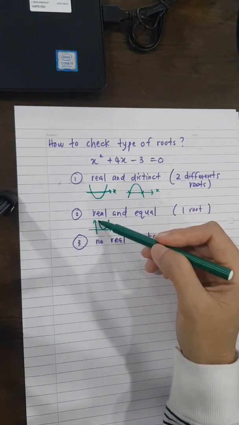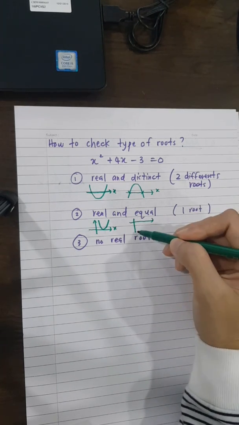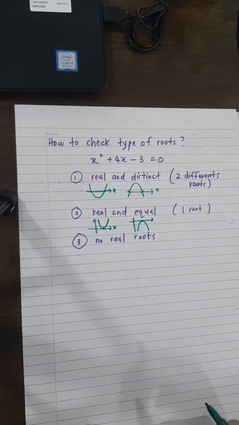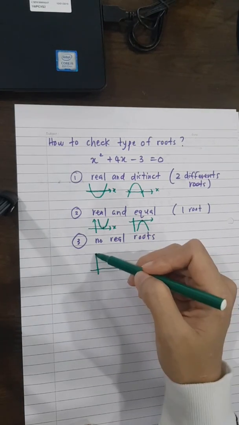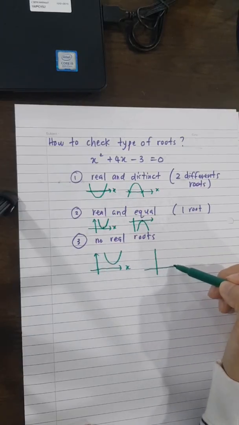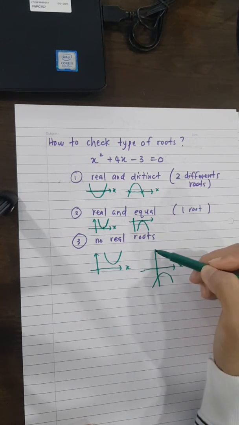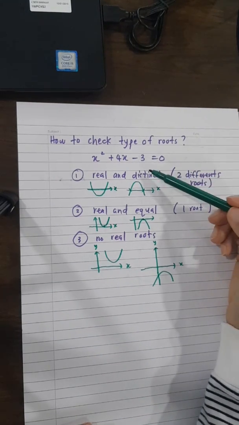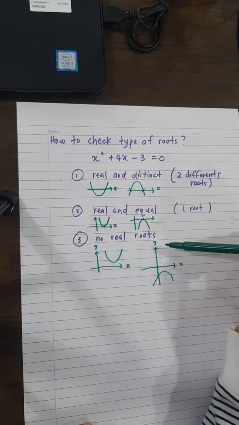So your graph is located on top of the x-axis, or if it's a negative graph, it looks like this, and they only touch at one point. If no real roots, your graph doesn't touch the x-axis at all, either like that or like that. So we have 3 types of roots: real and distinct, real and equal, no real roots.